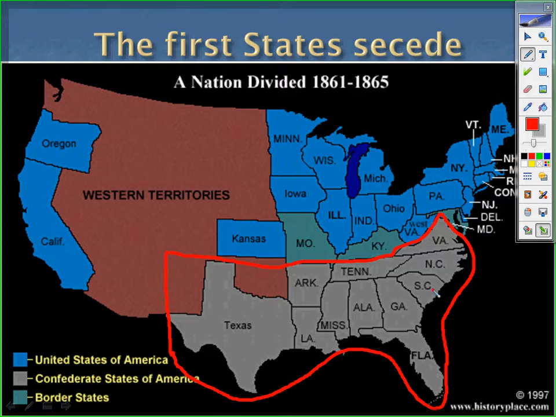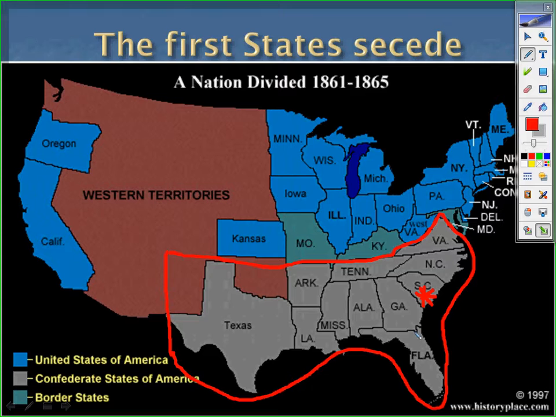And the first state to secede from the Union was South Carolina. Okay? South Carolina becomes the hotbed of secession in the South. It starts to ramp up the rest of these states, and we start to see Alabama and Mississippi, Texas, Louisiana, all start to secede from the Union based on South Carolina's actions.